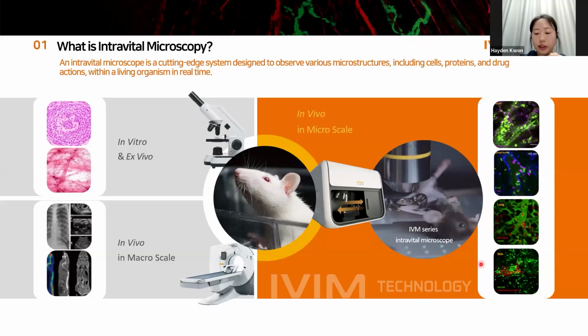It allows researchers to continuously monitor drug distribution, cellular interactions, immune responses, and disease progression directly within a living subject. This unique combination of cellular resolution and real-time tracking provides a more accurate and physiologically relevant understanding of biological processes.